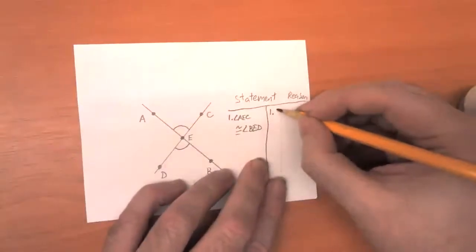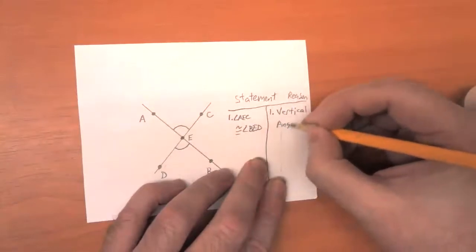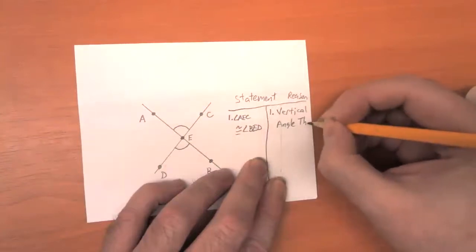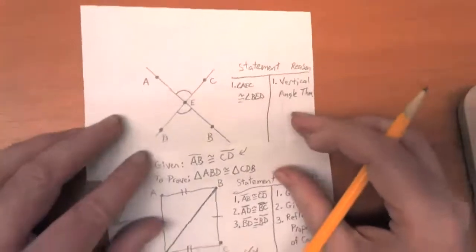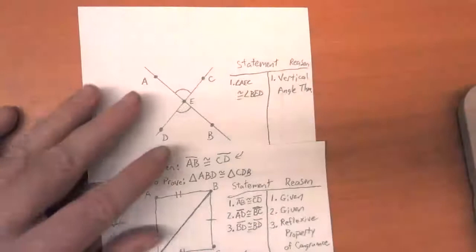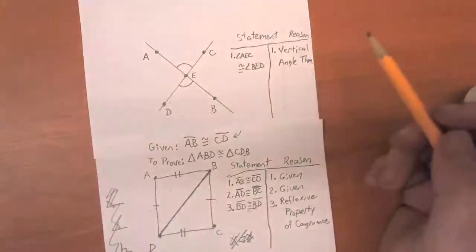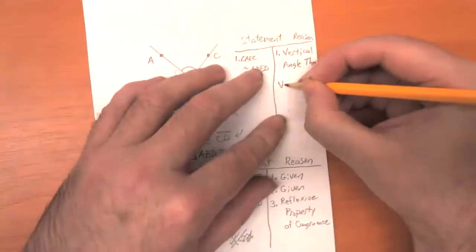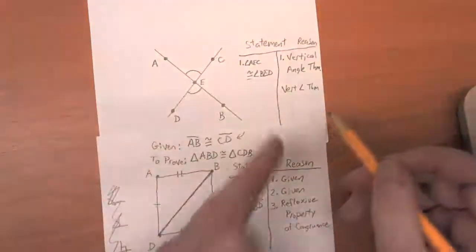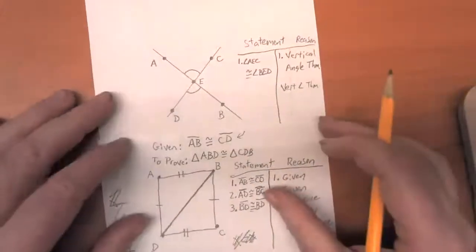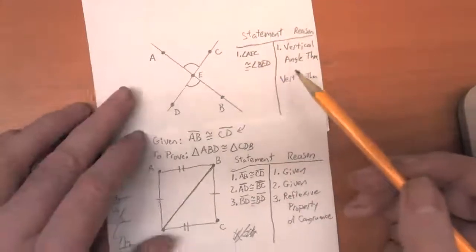This is going to be the reason we're going to call the vertical angle theorem. THM for theorem. You can abbreviate words quite a bit as long as the person who's reading it can be very clear of what you're talking about. So this is very clearly talking about the vertical angle theorem, and you could write it as vert angle thm. This is also enough information that somebody can tell that the reason that you're stating that these two angles are congruent to each other is because of the vertical angle theorem.